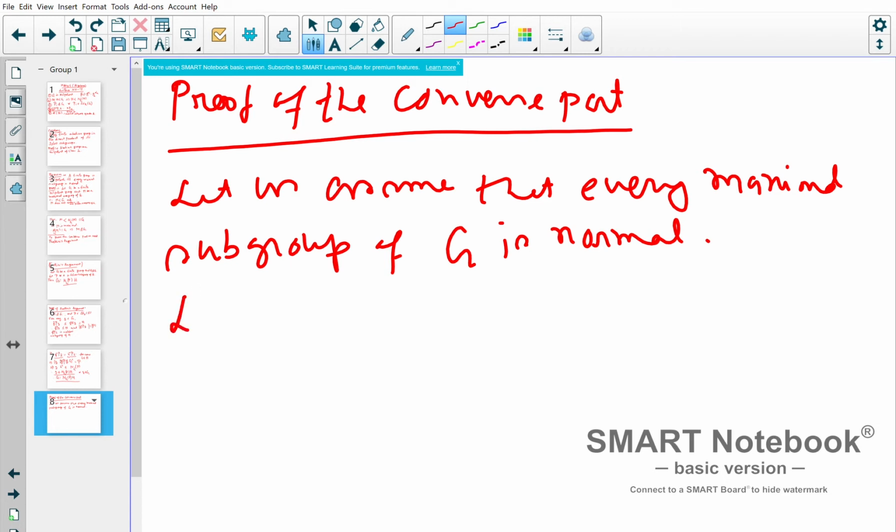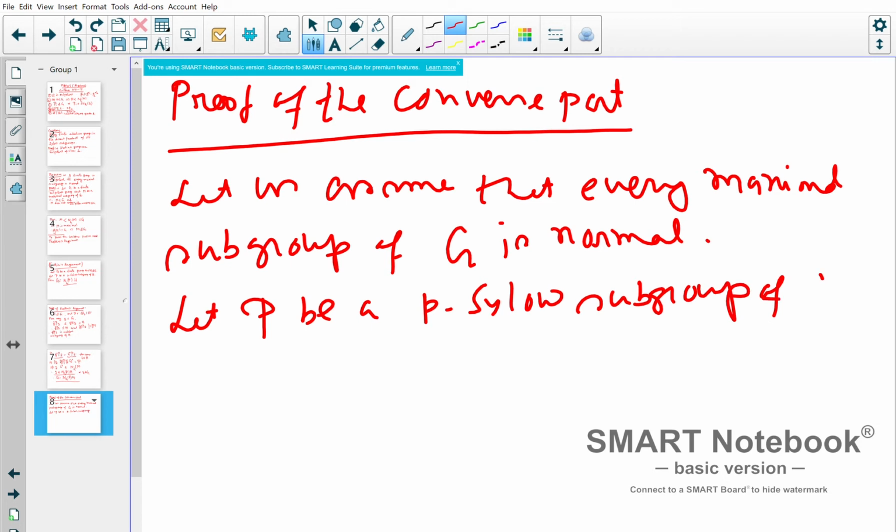So let P be a Sylow subgroup of G. We need to prove that P is a normal subgroup of G. Since P is arbitrary, I will show that any arbitrary Sylow subgroup is normal.